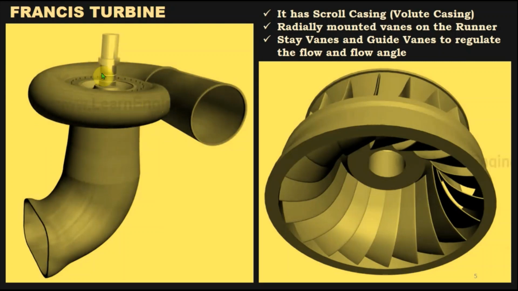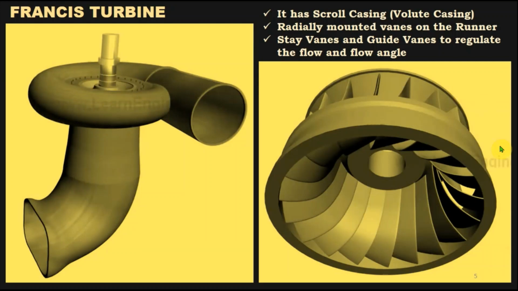Inside the casing, we have stationary guide vanes, a wheel fitted with guide vanes, and also some stay vanes outside, and they are stationary to guide the flow of water, or to regulate the flow and the flow angle.